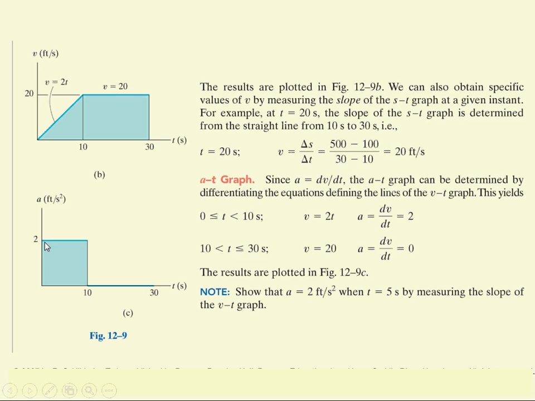You can obtain it using the data from the previous pages, and you see the velocity is delta s over delta t, 20 feet per second, and the plot of the acceleration. You have to know the values of the velocity changes, and then you can see it here.